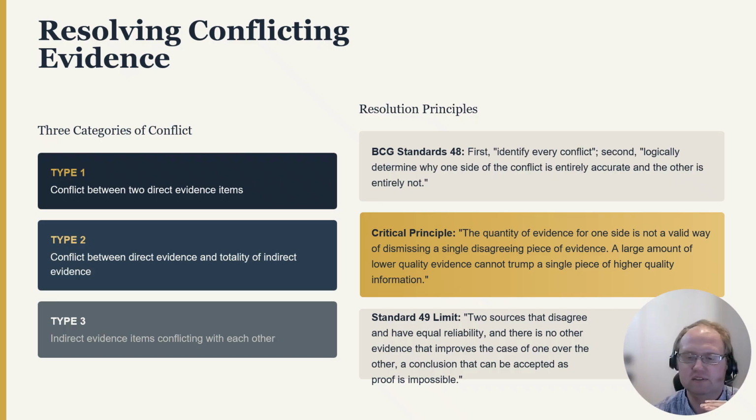Then there's direct evidence that says somebody's father is named this, but all your indirect evidence suggests a completely different person was the father, and it's really strong when you view it from a totality standpoint. Then there are indirect evidence items that conflict with each other.